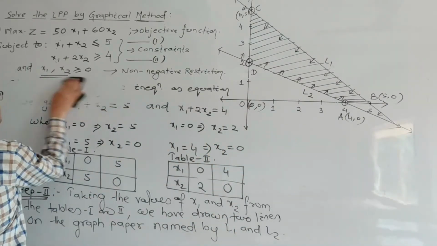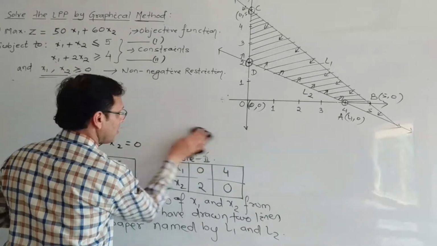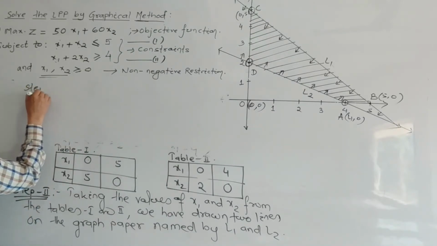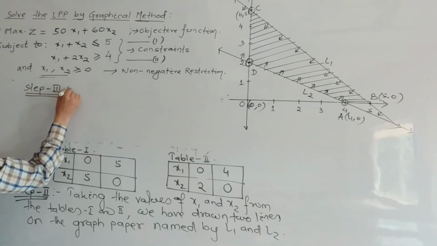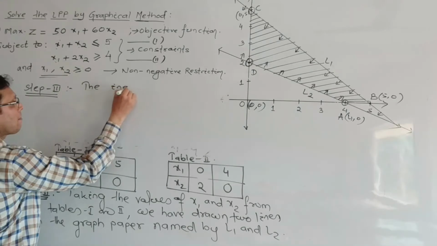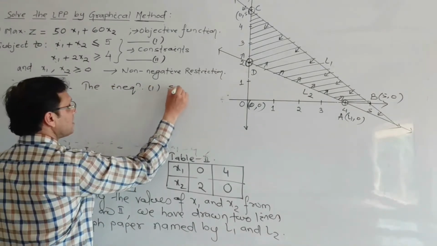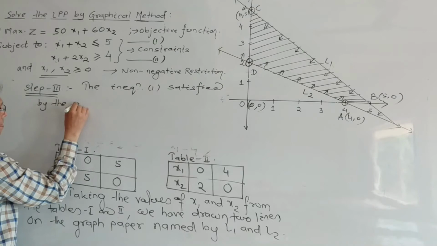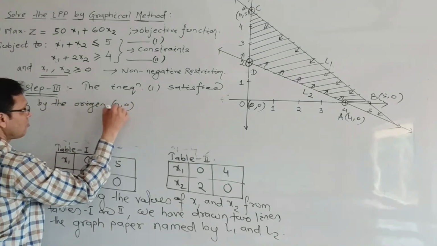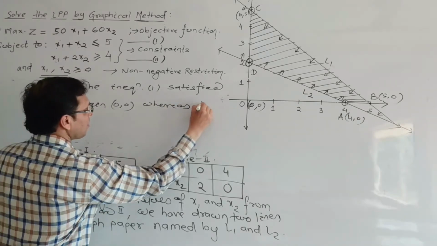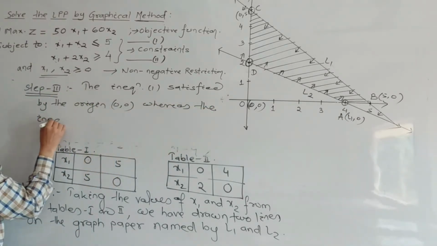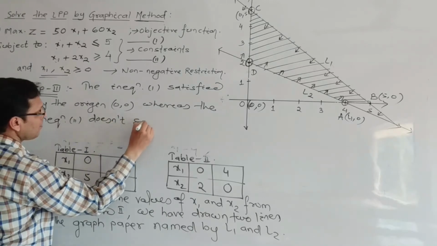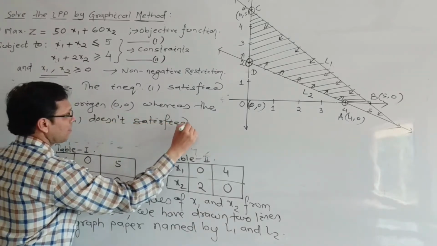Now step 3. You should write step 3: the inequation 1 is satisfied by the origin (0, 0), whereas the inequation 2 does not satisfy by the origin.